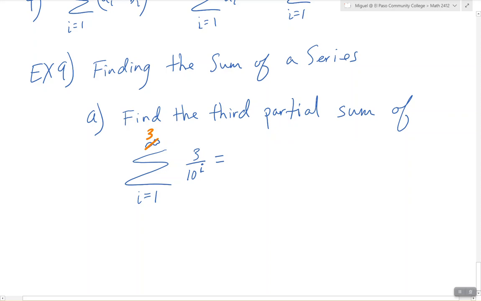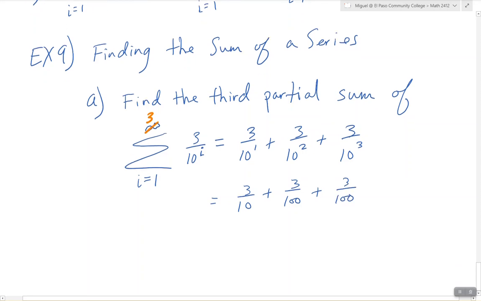And it works just like the other ones, right? Plug in the 1, plug in the 2, and then plug in the 3. So we get 3 over 10 to the 1, plus 3 over 10 to the 2, plus 3 over 10 cubed. This is 3 over 10, plus 3 over 100, plus 3 over 1,000.